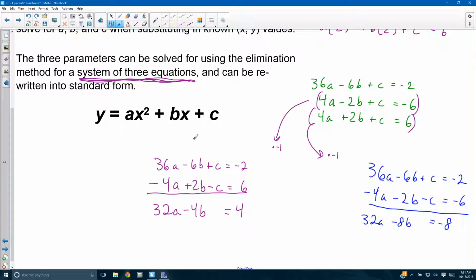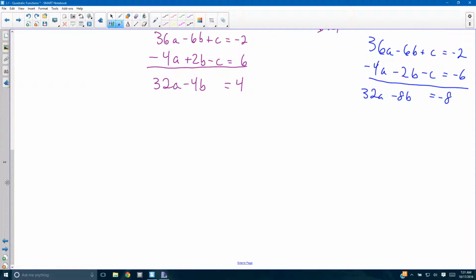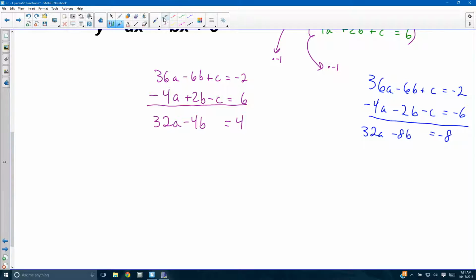All right. Now I'm down to a system of 2 equations with 2 unknowns. I don't know a and b. I still don't know c, but I'm going to use these two to find out what a and b are first, to get c afterward. Now you can tell that these ones are kind of like each other, but they're both positive 32a's. Maybe I multiply this one by -1 again. How about that?